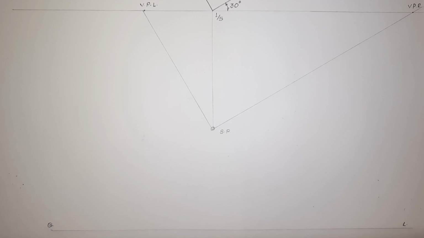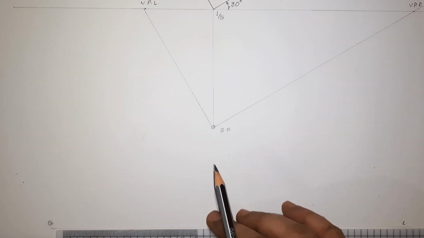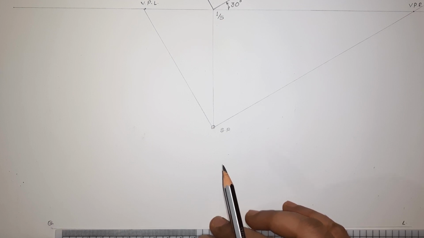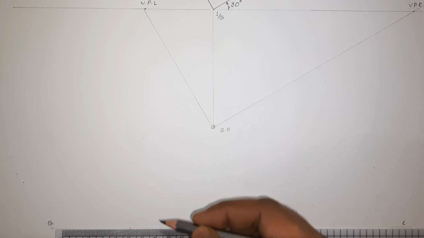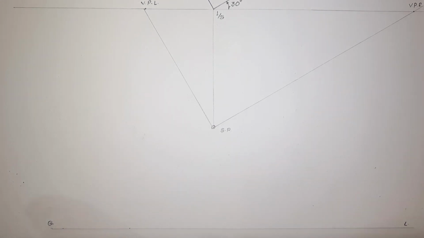After this, we have to draw the elevation on this ground line. That elevation will be drawn on the left hand side here. So, the length of the box is 5 meter. And the height of the box is 3 meter.